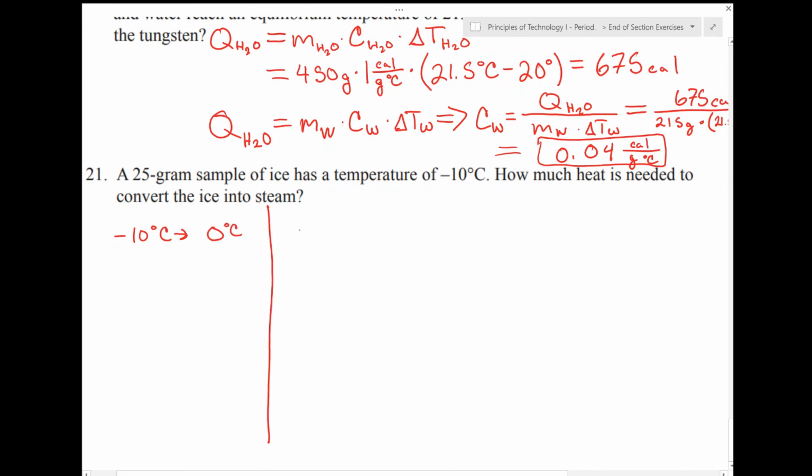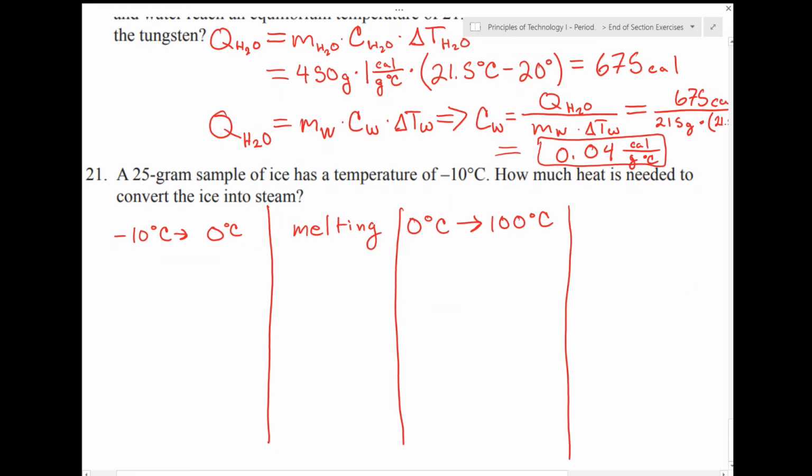Then we have to talk about the ice cube melting. Then we have to talk about going from 0 degrees Celsius to 100 degrees Celsius. Finally, we need to talk about the water turning into steam, which is evaporating.